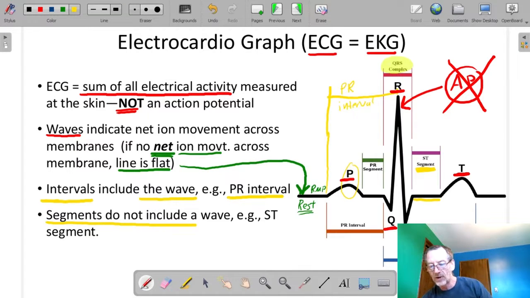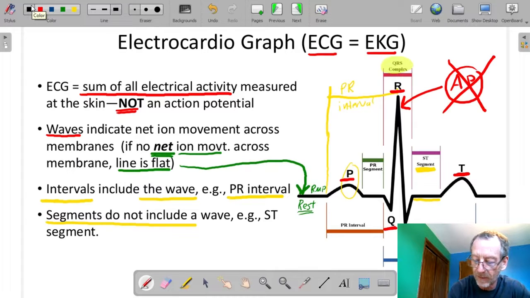I would practice drawing it out on scratch paper and just getting used to the idea of the different waves in a cardiac cycle. So for example, you should practice, there we are at rest. I'm at the bottom left of the screen. And then the first thing that happens is a P wave.